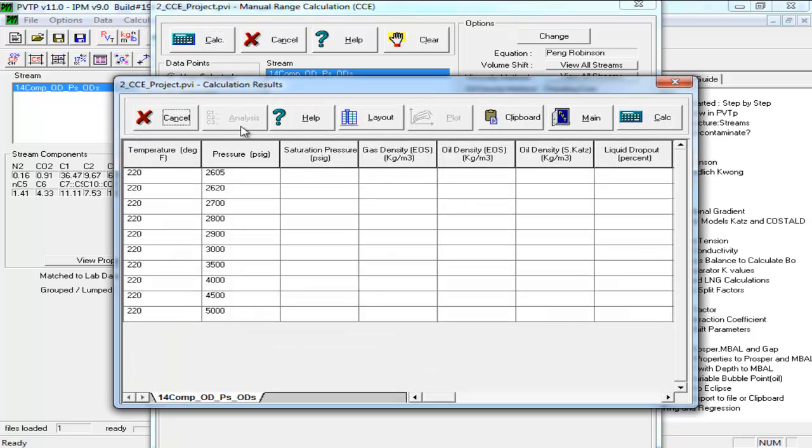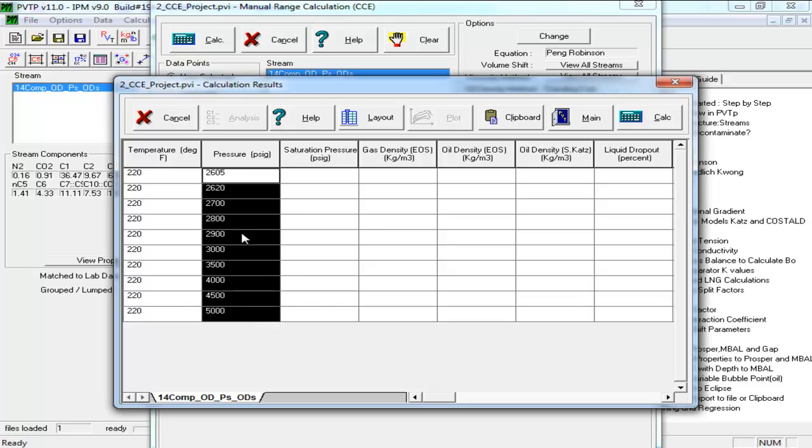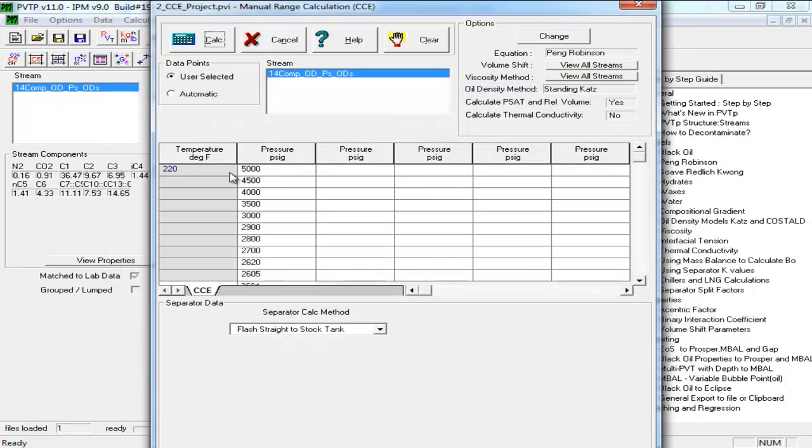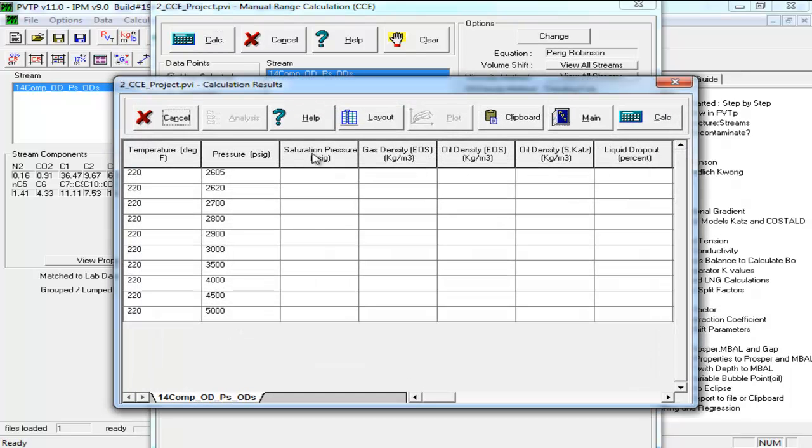And if we say calc, you see that the software already reversed the values. So now we can press calc.